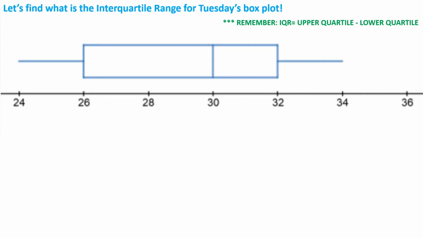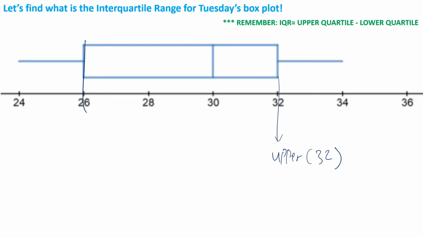Now that we found Monday's interquartile range, let's find it for Tuesday. Same thing here. Remember that the interquartile range is the upper quartile minus the lower quartile. So let's find what the upper quartile is. We see right here that this is the upper quartile, and it hits exactly at 32.